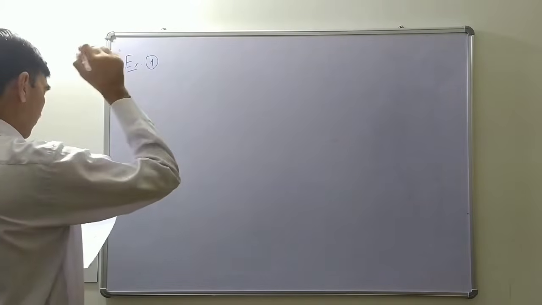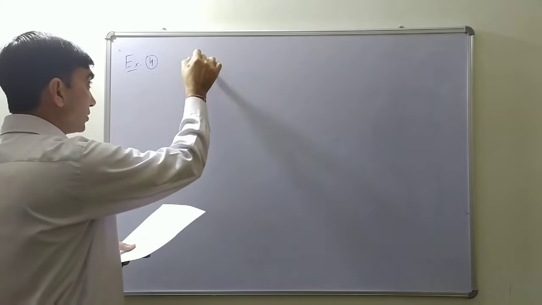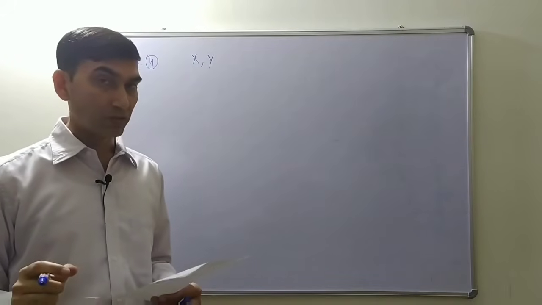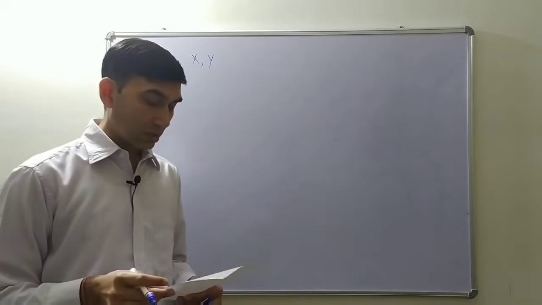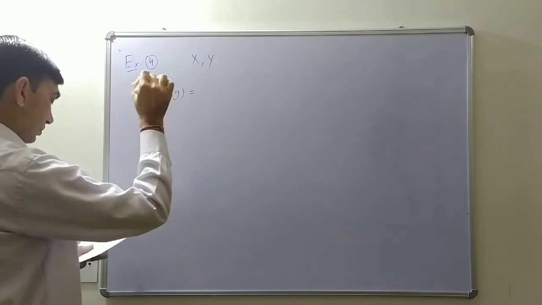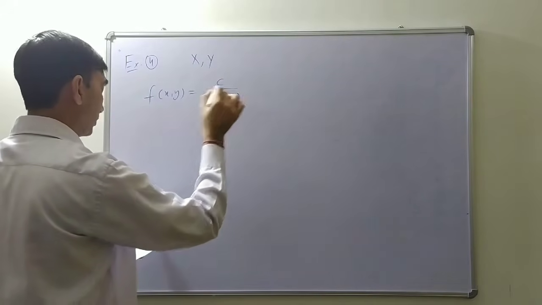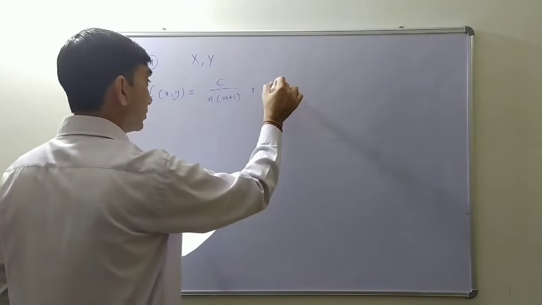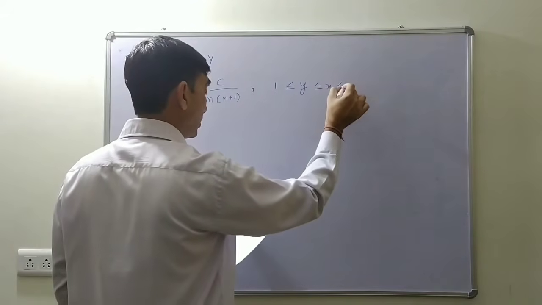Example 4. What's the statement here? If x and y are two discrete random variables, taking only positive integer values, their joint PMF is given by C over n into n plus 1, where C is some unknown constant and 1 less than equal to y less than equal to x less than equal to n.